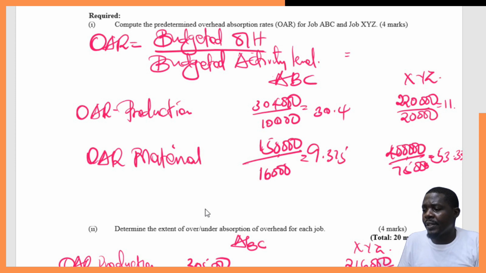We are dividing by 9,800 and we get 31.12. Okay, 21,600 divided by 2,500 we have 10.54. What about the material?